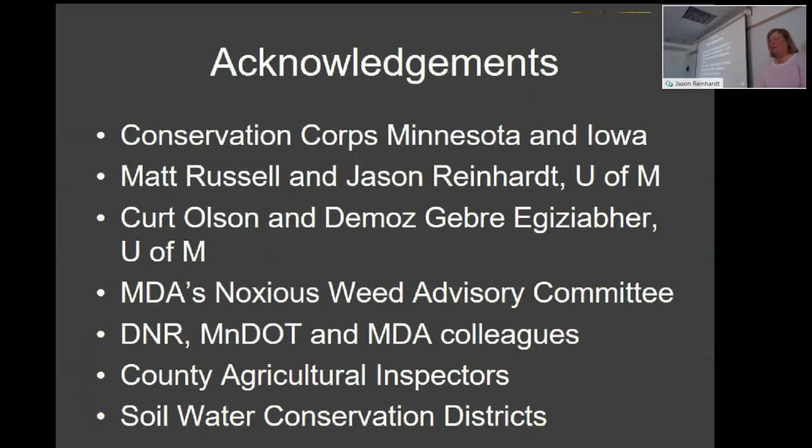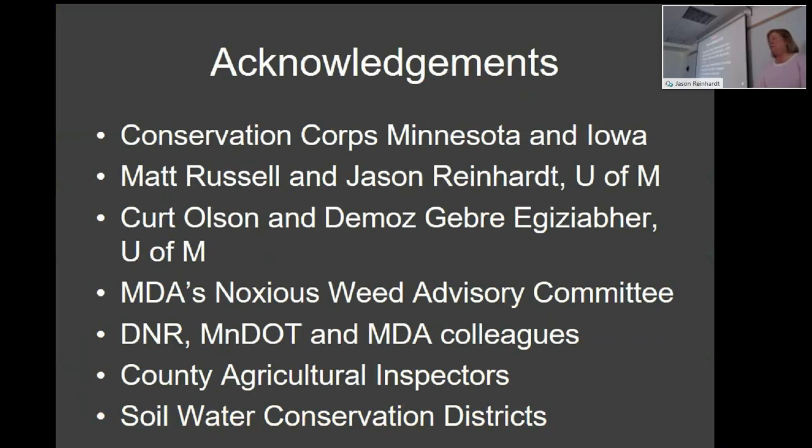And then there are way more people to thank for all of this invasive plant work that's going on in the state than I could mention here, but Conservation Corps Minnesota and Iowa have been tremendous partners in doing a lot of this invasive plant work and really paying close attention. They're the ones who've been finding hybrid barberry, along with a really excellent resource manager in the DNR.